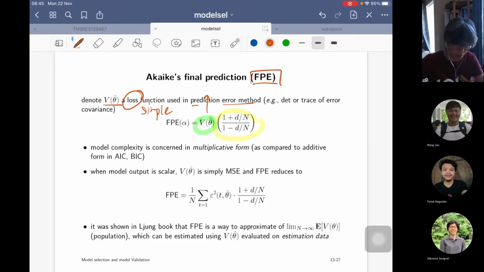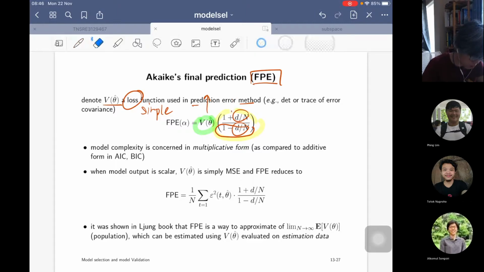So for a simple model, of course, the complexity is small. When the complexity is small, the ratio of this term is small, and you subtract it from 1 as a denominator, like the whole thing. You need to plot this function as a function of d.